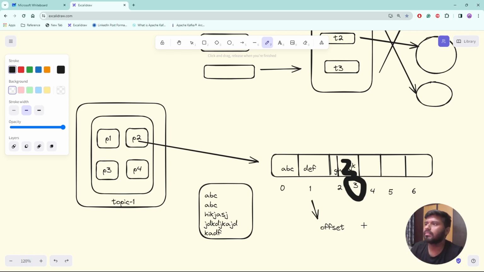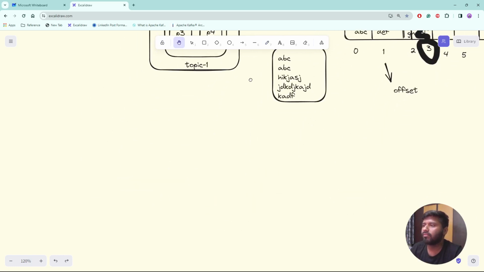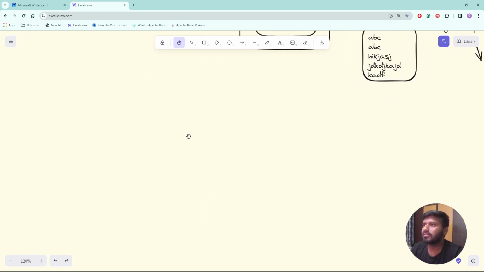Make sense? Now if I take one more white space, so far we just learned about the basic Kafka components: producer, consumer, broker, topic, and Kafka cluster.